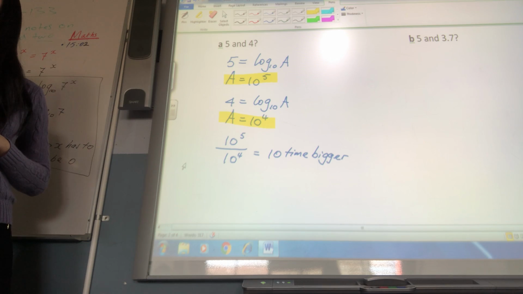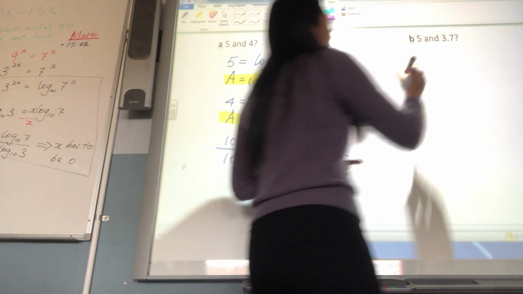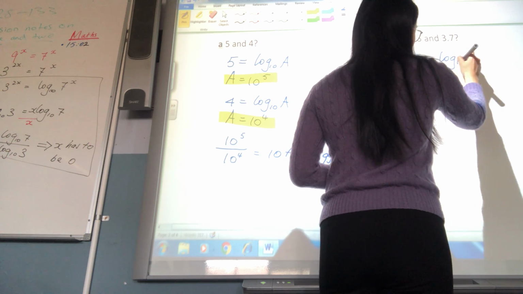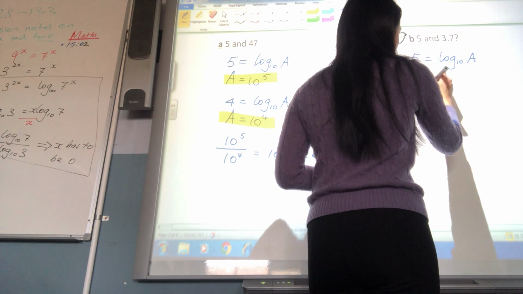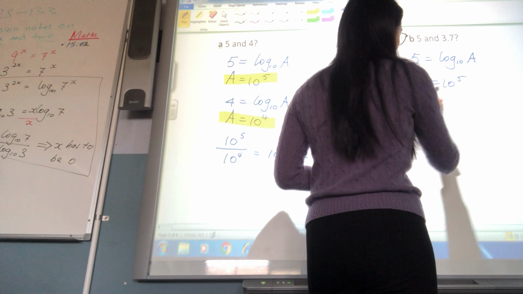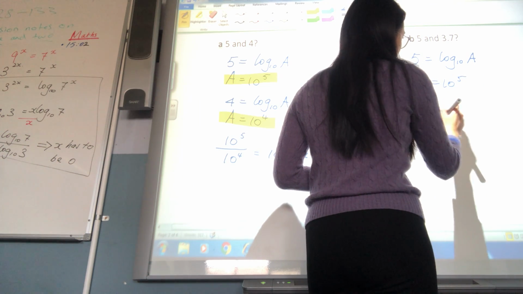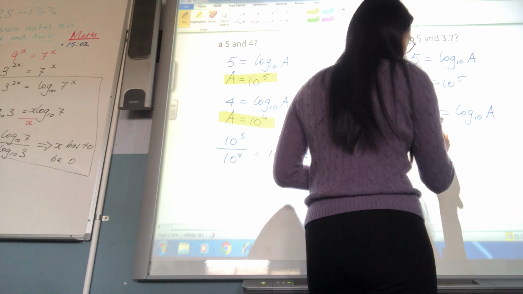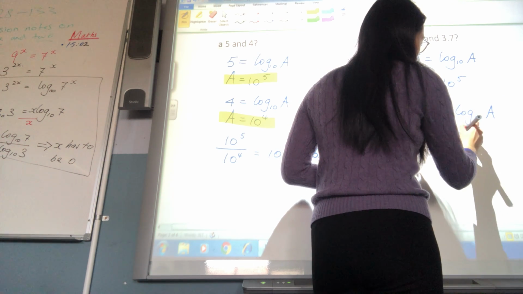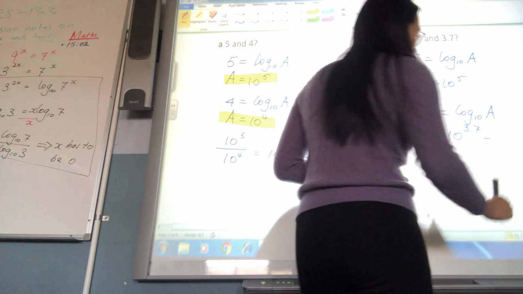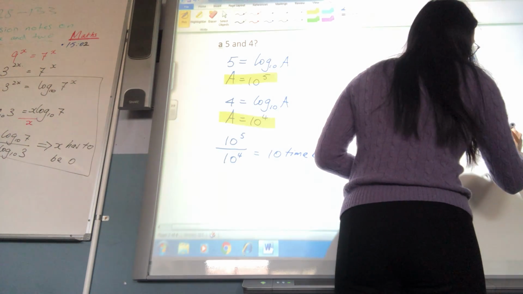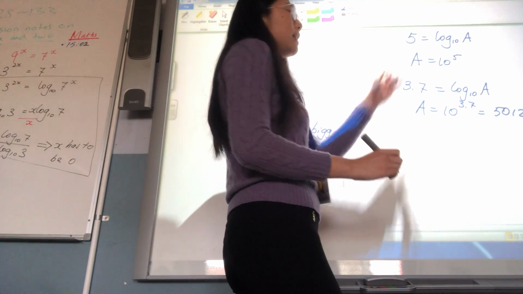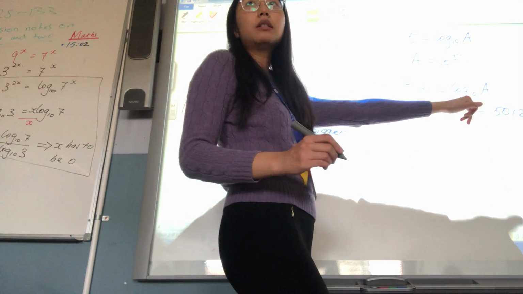And the next one, you pretty much do the same thing. What's 10 to the power 3.7? Oh, it's the same number. So 5,012. Now once again, just put the big number over small number.